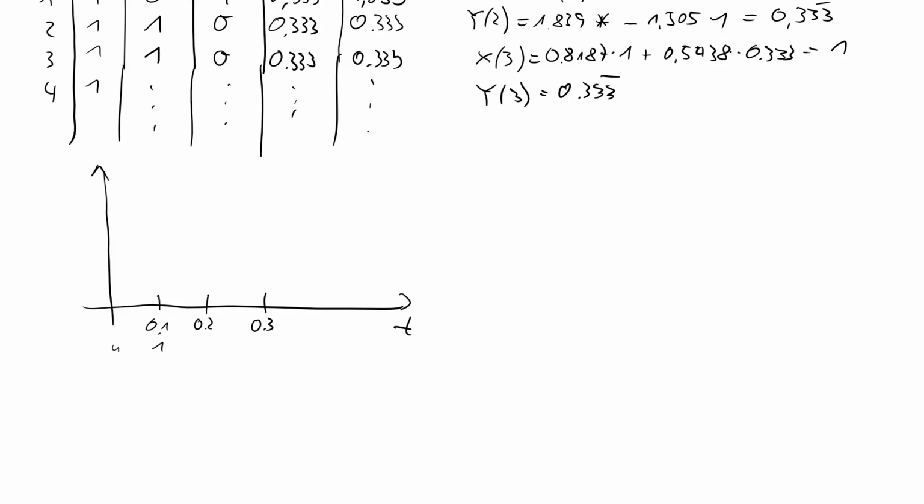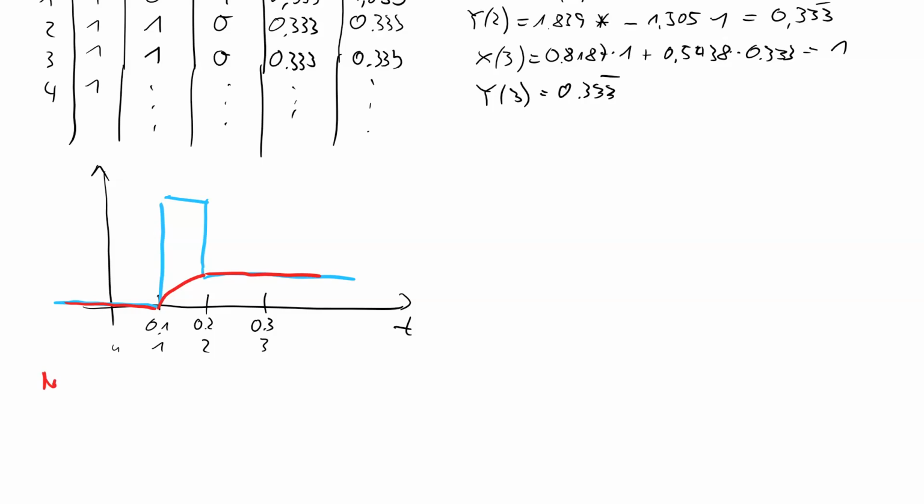N is 1, 2, 3. So you see we have a settling time of 0.2 seconds. This is 2 steps. We have 1 step more in our situation if there is 1 delay, but the behavior is exactly the same. Okay, so far.